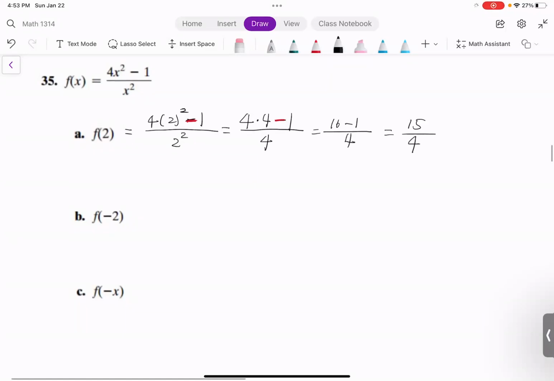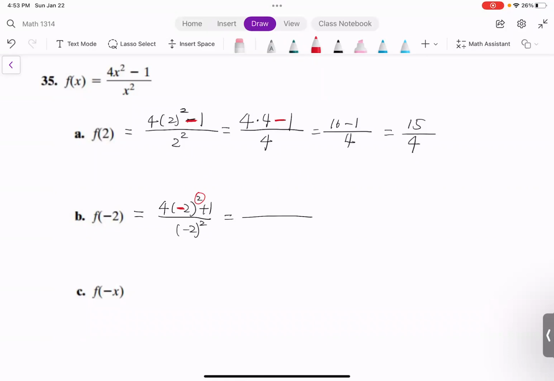Let's see the next question, f of negative 2. So 4 times negative 2 squared plus 1 over square root of 2, over negative 2 squared. What is the power? Even. What is the root? Negative 2.